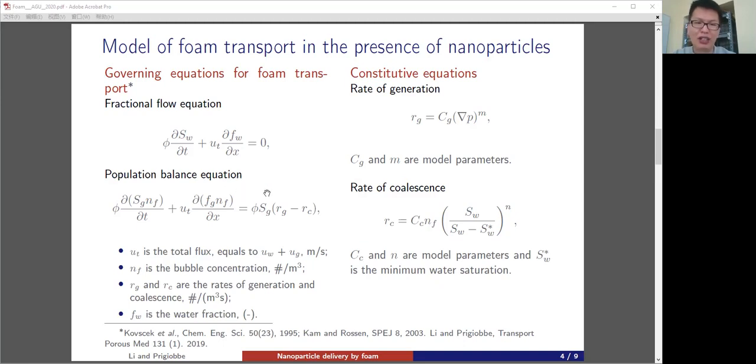The n_f in here is the concentration of the bubbles per unit volume. r_g and r_c are the corresponding generation rate and the coalescence rate. These two terms mainly control the creation and the loss of bubbles.